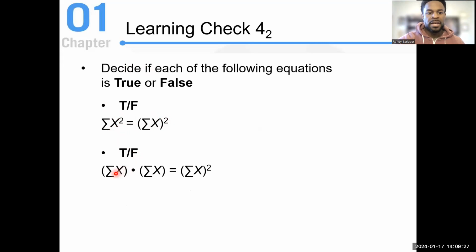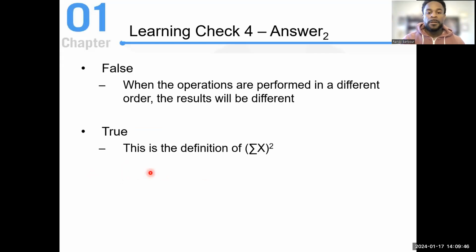The next true or false says that these two expressions are equivalent, and that is true. All you're doing is multiplying the sum of this value and the sum of x, and then you multiply those two sums together. We'll walk through a couple of examples so that you get a better grasp of these notations.